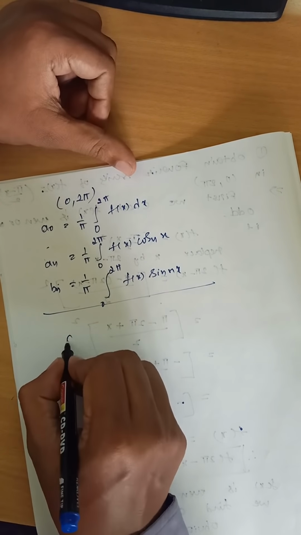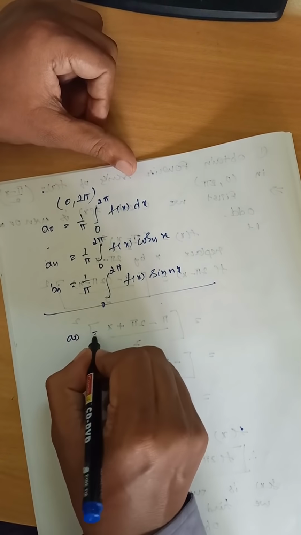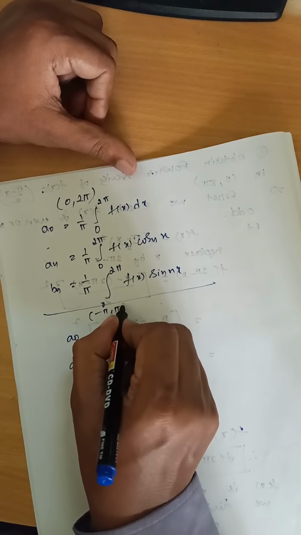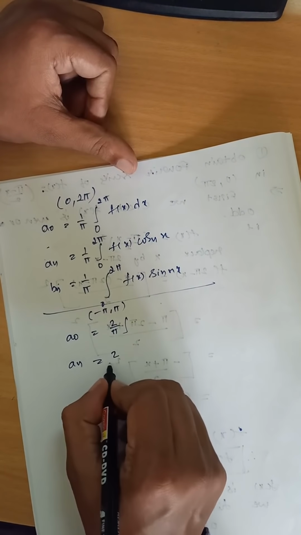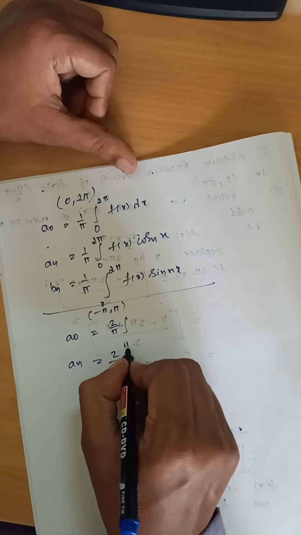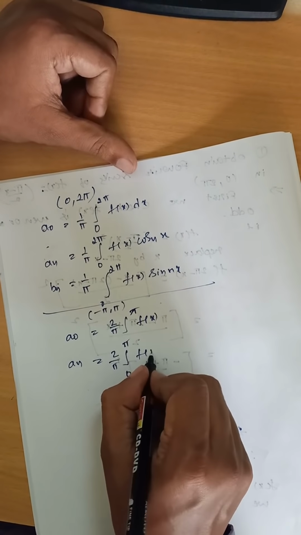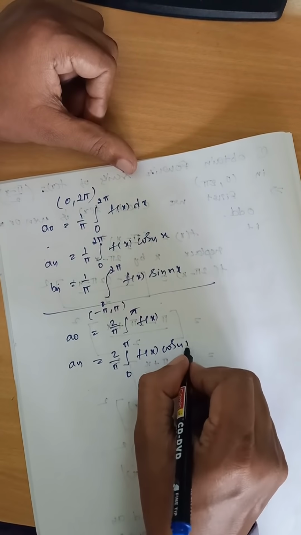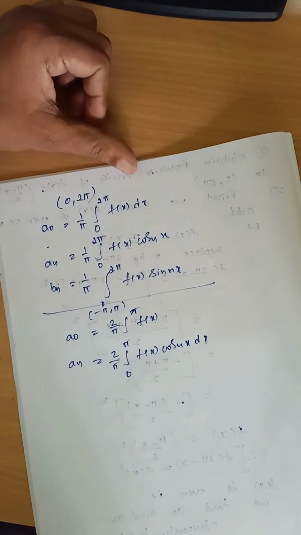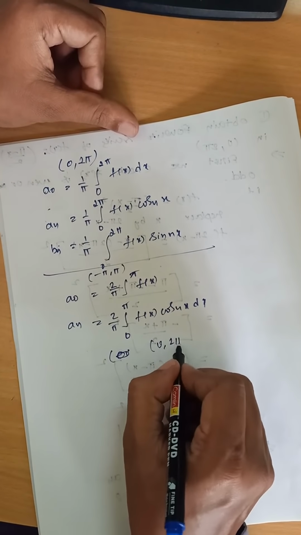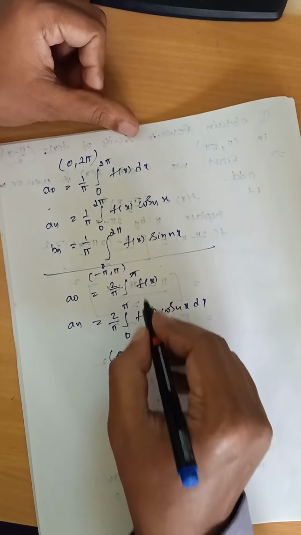If it is even, we find a0 and an. A0 is 2 by pi integral 0 to pi of f of x, and an is 2 by pi integral 0 to pi of f of x cos nx dx. For 0, comma 2 pi these formulas are the same.